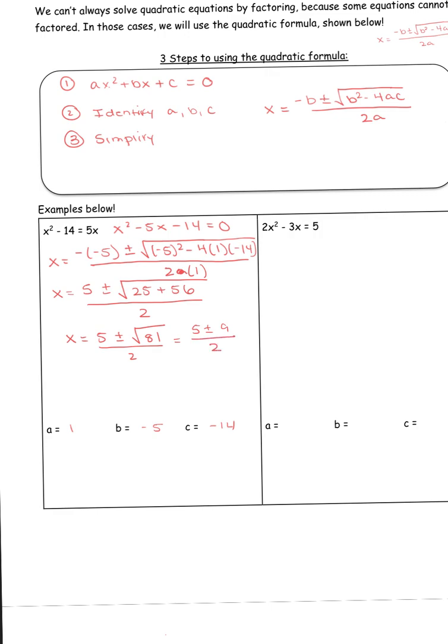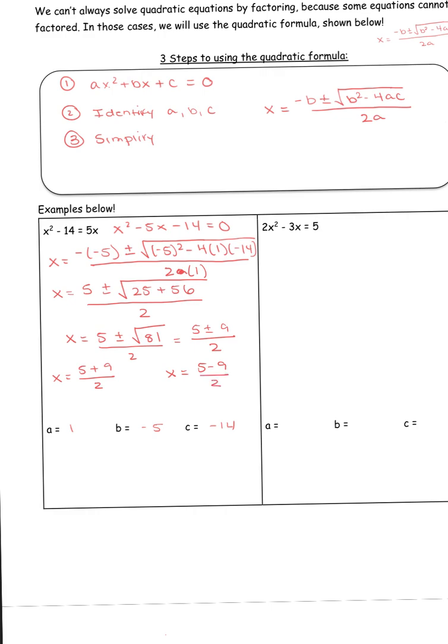All right, so this is where the plus or minus comes in and how we can find our solutions. Since we have 5 plus or minus, we're going to look at both. So we have x equals 5 plus 9 divided by 2, and then we also have x equals 5 minus 9 divided by 2, as our two solutions.